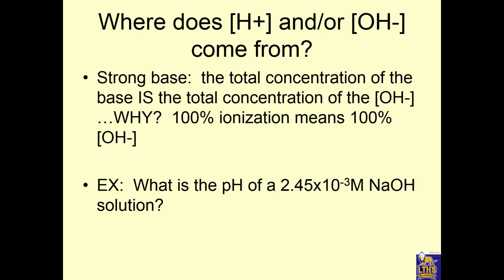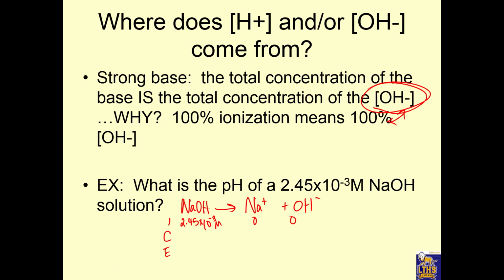Okay, what about for base? Well, base is 100% ionization, but instead of making H plus, it makes OH minus 100%. So what is the pH of 2.45 times 10 to the negative third molar NaOH? NaOH will completely dissolve into Na plus and OH minus. So initially, if we have 2.45 times 10 to the negative third molar of that, none of that is going to change, to get to equilibrium minus all of it.